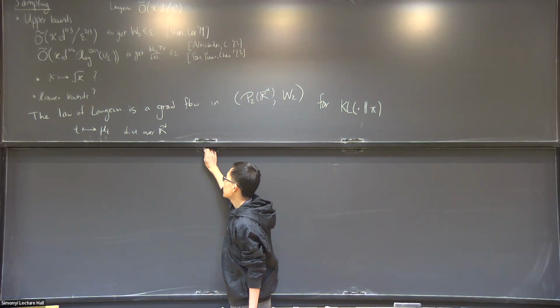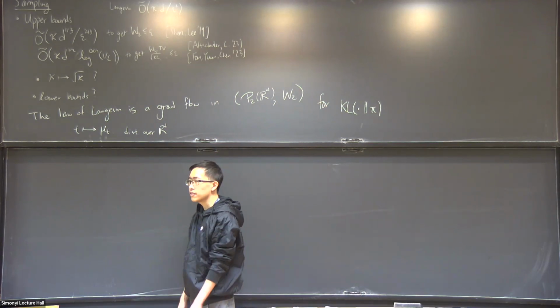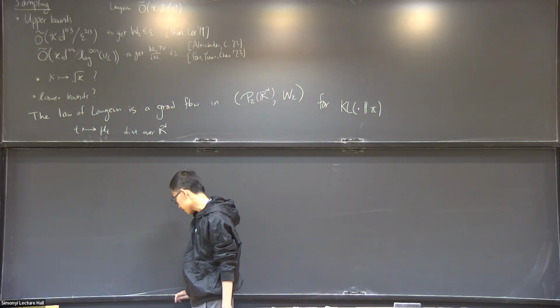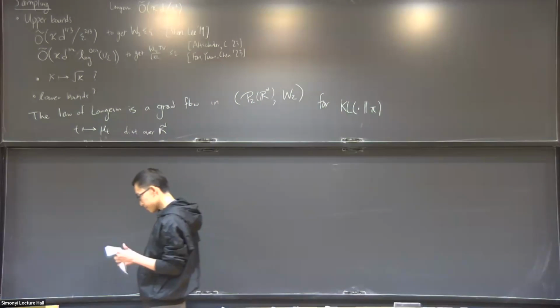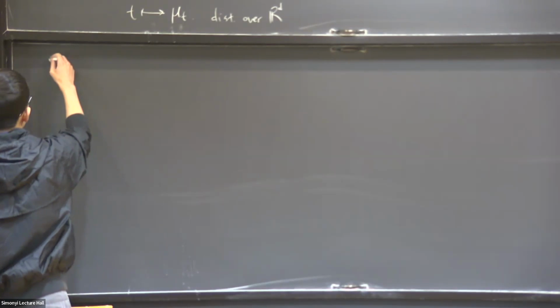All right, so the starting point is that we need to find a formula for how this mu t evolves. This is basically stochastic calculus, I'll just derive it. This is what's usually called the Fokker-Planck equation.